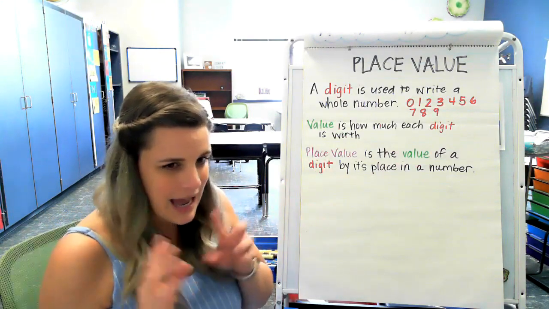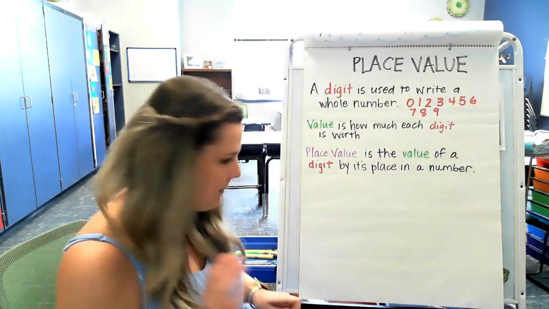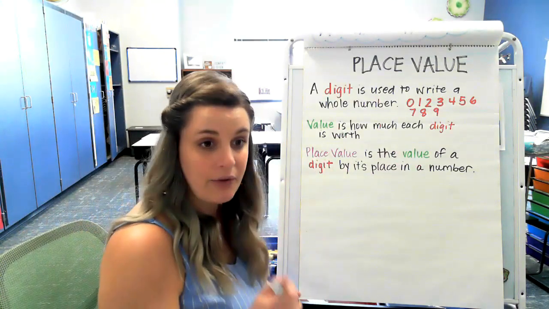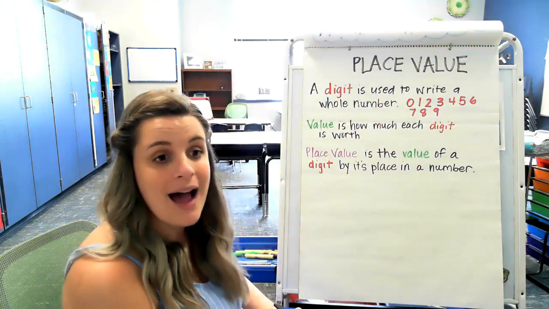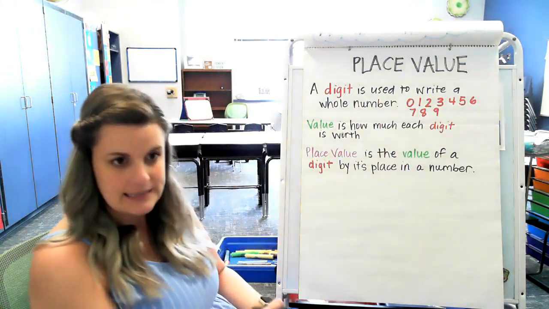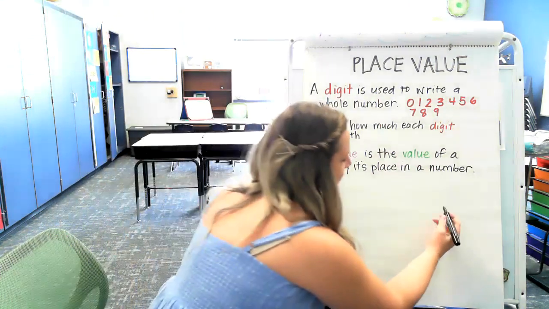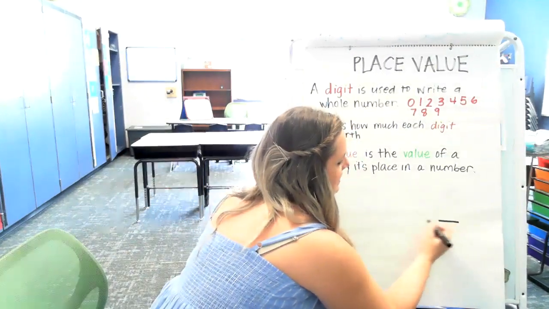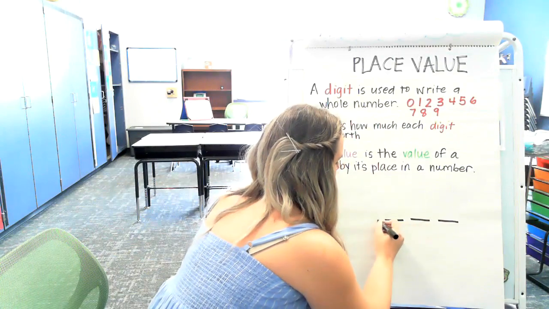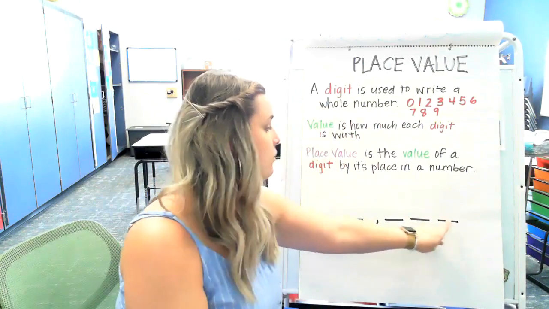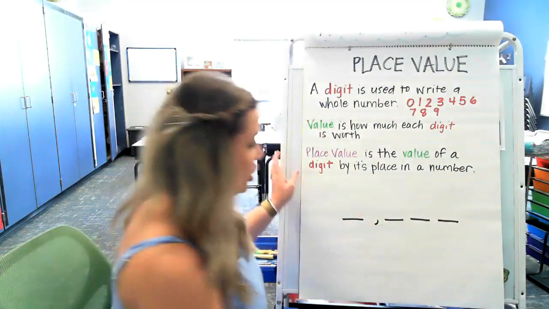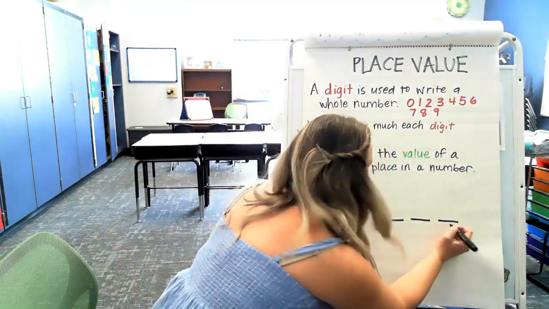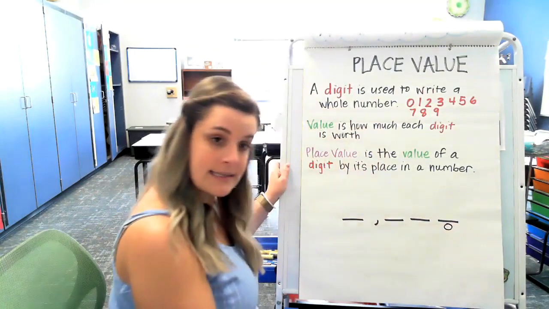So let me kind of exaggerate on that just a little bit. So in second grade, you guys actually went up to numbers that went up to the thousands place. And let me tell you what I mean. I mean, if you had blanks and you wrote whatever digit you want in those blanks, you should have, at the end of second grade, had something in the ones place.